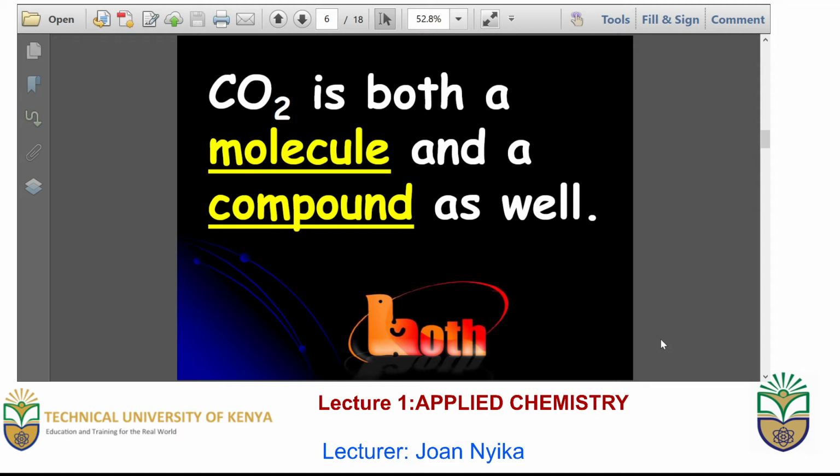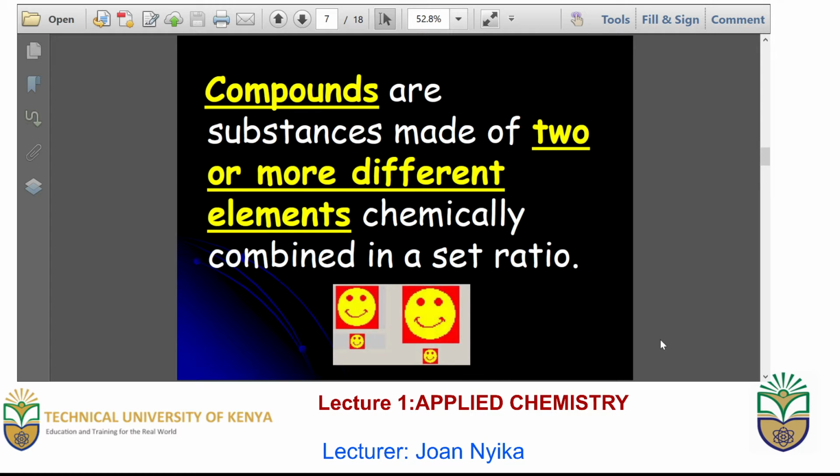Carbon dioxide is unique because it is both a molecule and a compound. It is a molecule because it is formed of both carbon and oxygen, and a compound because it is made of two different substances that are chemically combined with what we refer to as a covalent bond.